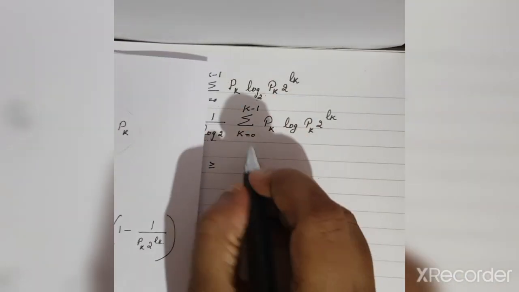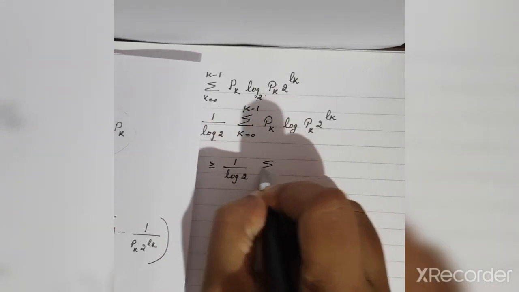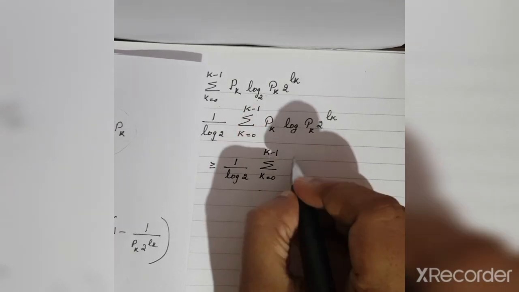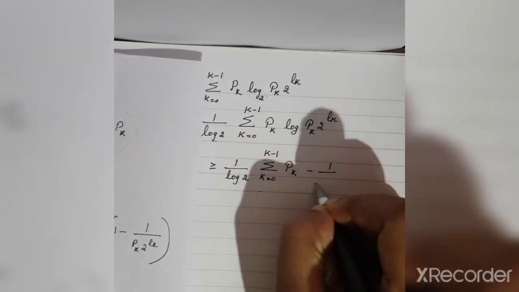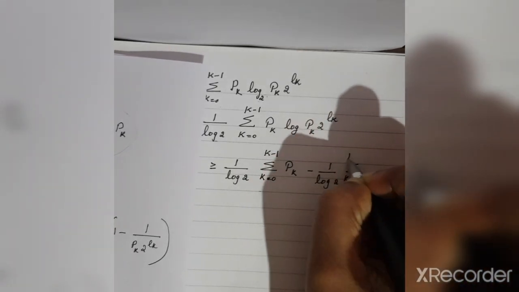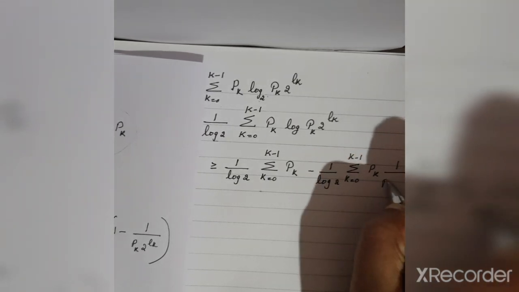So it becomes 1 by log 2 summation k equal to 0 to K minus 1 of pk, minus 1 by log 2 summation k equal to 0 to K minus 1 of pk into 1 by pk 2 raised to lk.